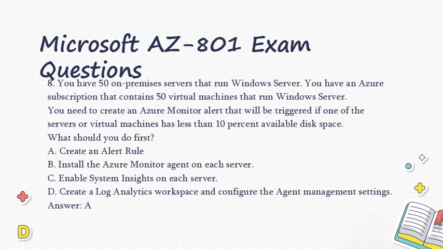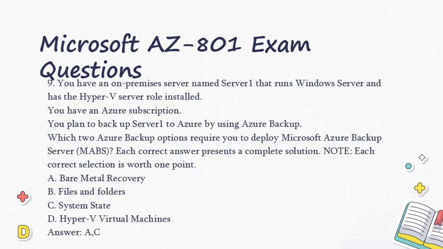B. Install the Azure Monitor agent on each server. C. Enable System Insights on each server. D. Create a log analytics workspace and configure the agent management settings. Answer: A.